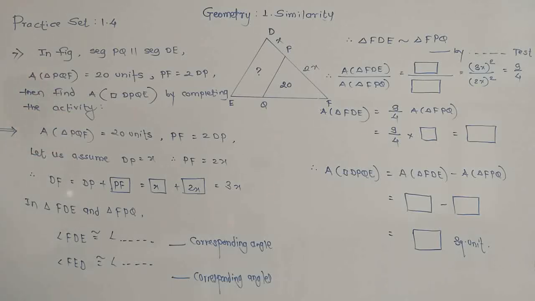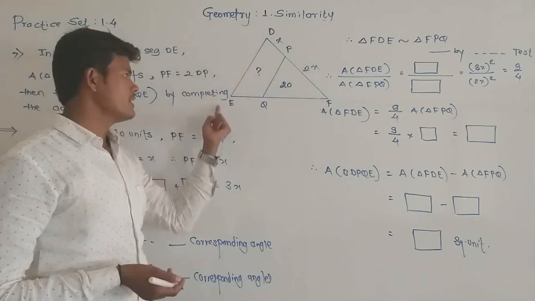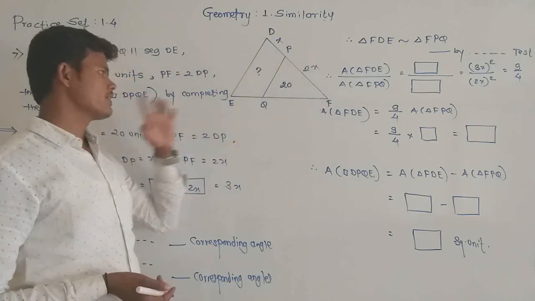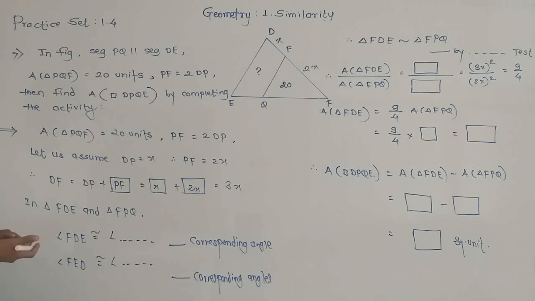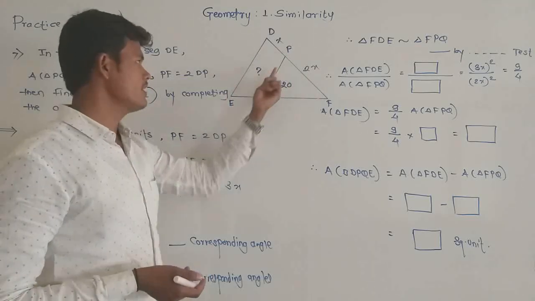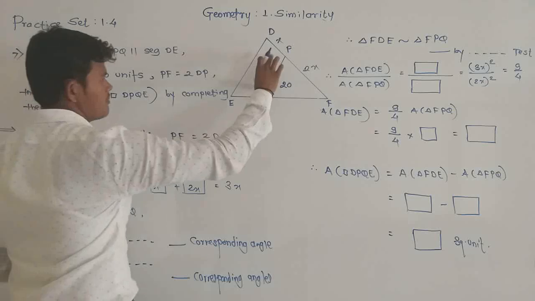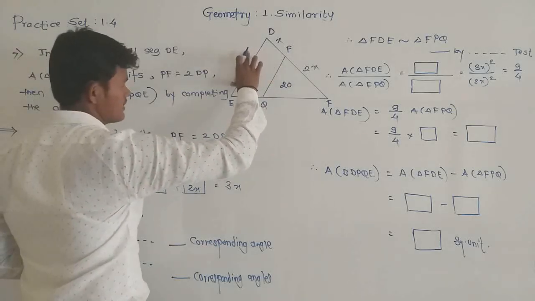Now consider two triangles, triangle FDE and triangle FPQ. First of all, prove that both the triangles are similar. Segment PQ is parallel to DE.